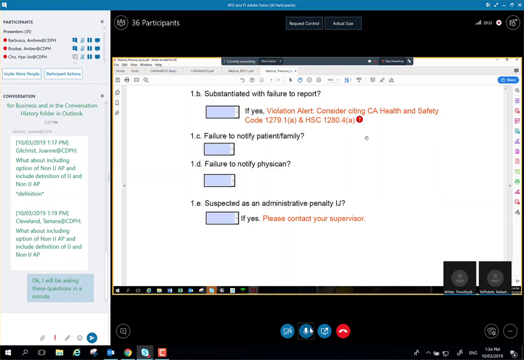It's not that interactive, and even the app wasn't that interactive where it would say, gee, this is big enough, we think it might be an IJ or a non-IJAP. That's something that has to be discussed after you're done with the investigation, or at whatever point in the investigation that you think that's the issue, and you step out and you call your supervisor.